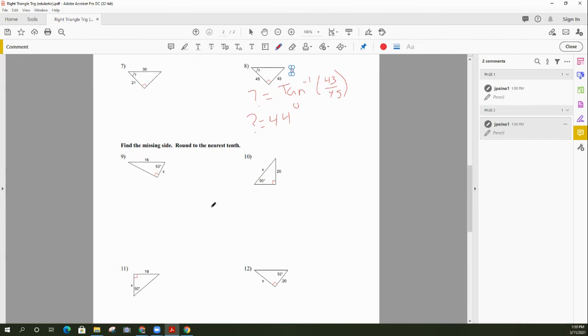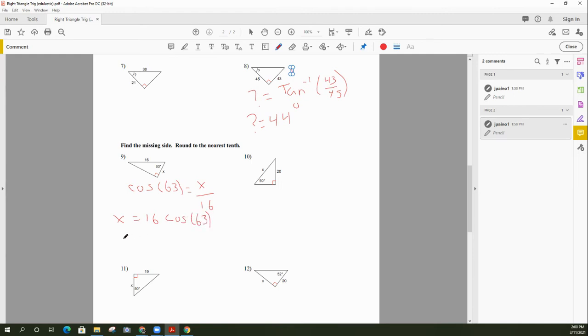All right, the last 4 questions give me the degree, and now they want me to find the missing side. For number 9, 63 degrees is the given one. I've got adjacent and hypotenuse, so that's cosine. So cosine of 63 degrees equals adjacent over hypotenuse, x over 16. So x equals 16 times cosine of 63 degrees.